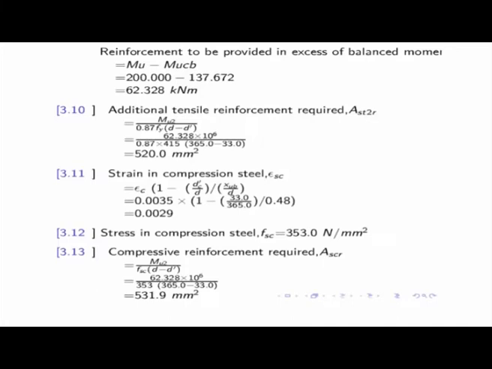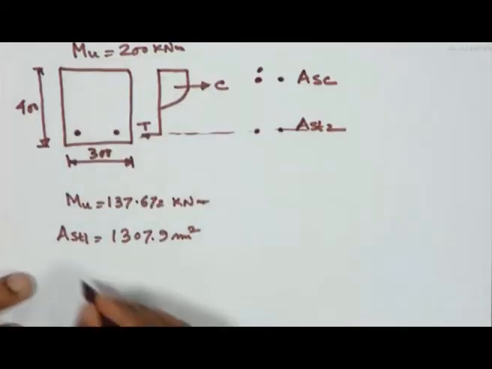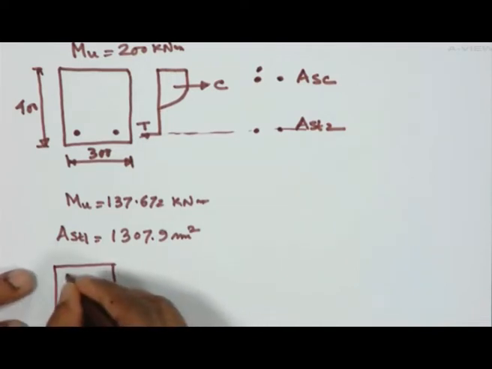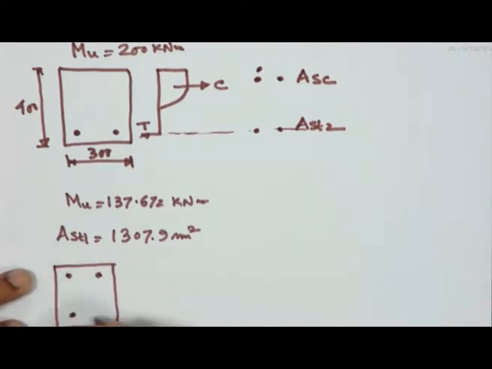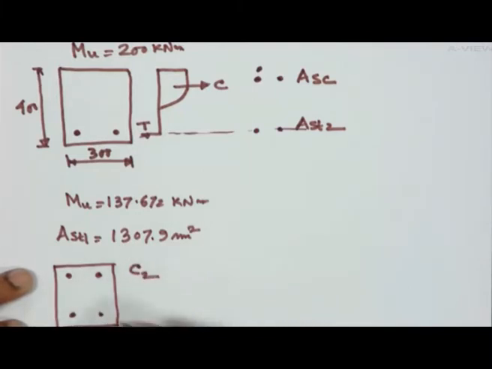So what we are doing basically here is that whatever steel I am providing here, let us say this is C2, and this is T2.